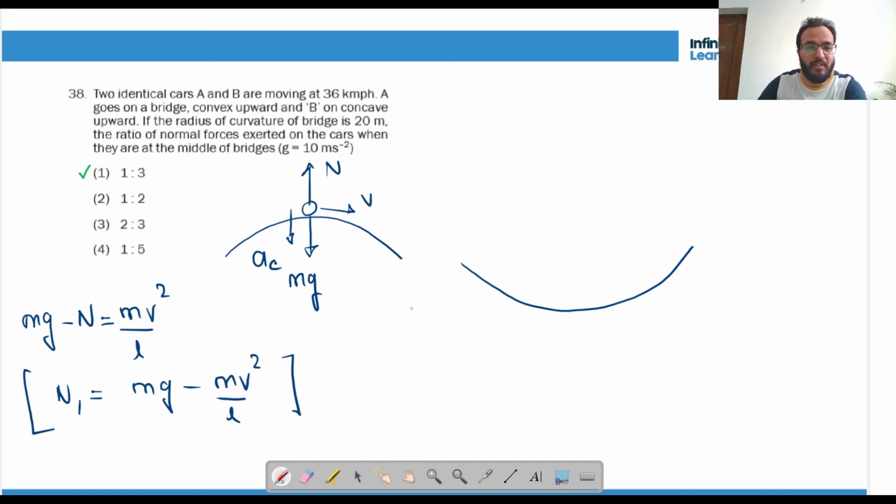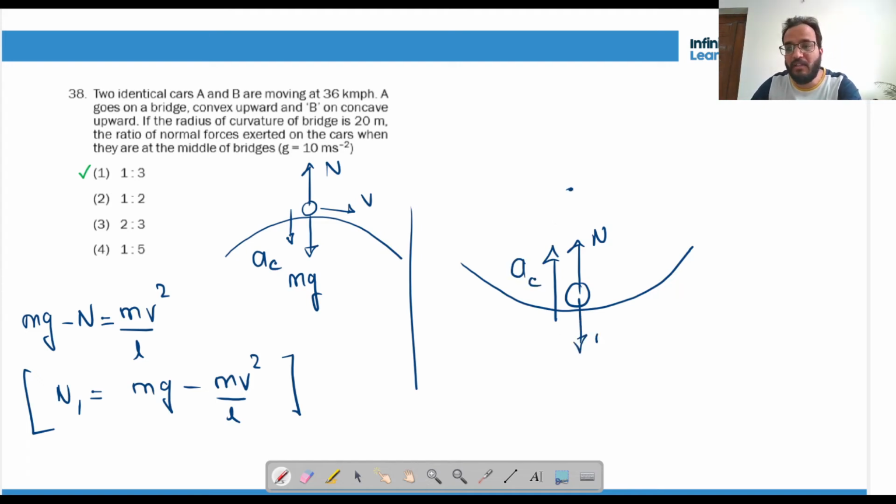Okay, now let's talk about this position. This is normal, and here is the acceleration towards the center, and here this is mg. Do you understand? Okay, so I hope you have understood this.